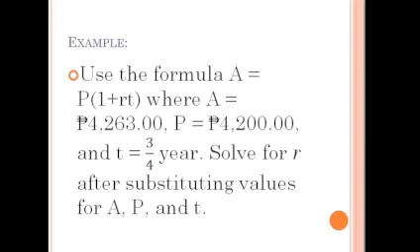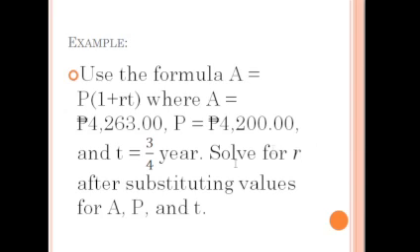Okay, we use the formula A is equal to P times 1 plus RT, where A is 4,263 pesos, which is the maturity value, P is 4,200, the principal, and T is 3/4 year.